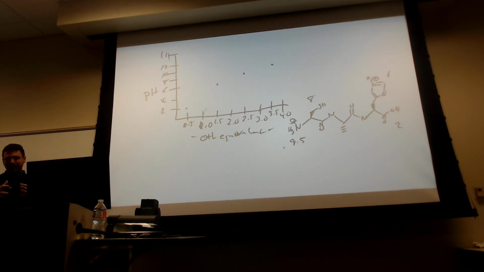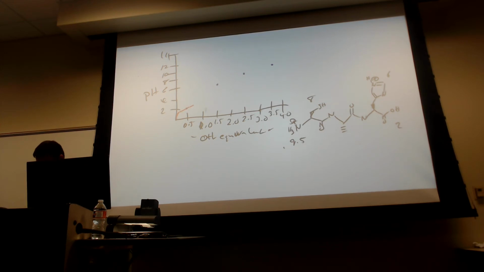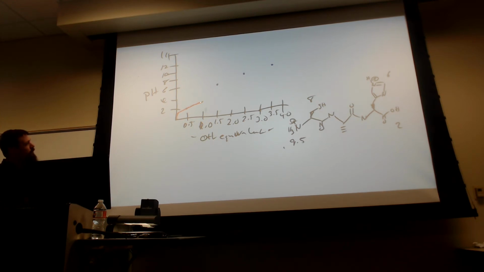And then what we said was buffering is plus or minus 1 of the pK. So what happens? It shoots up as we add hydroxide till it hits a pH of 1. And then we get to that first buffering zone. It's going to gradually increase to the pK. Then when it gets about 1 pK unit above that, so right here's about 3, that's going to be at 1 equivalent.